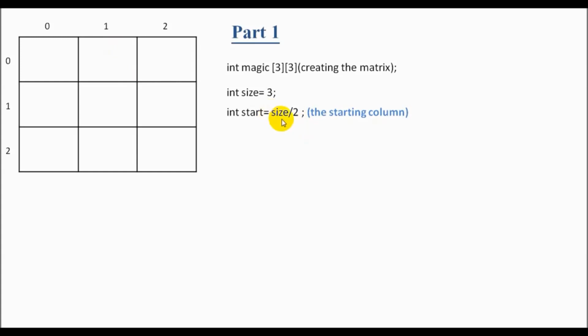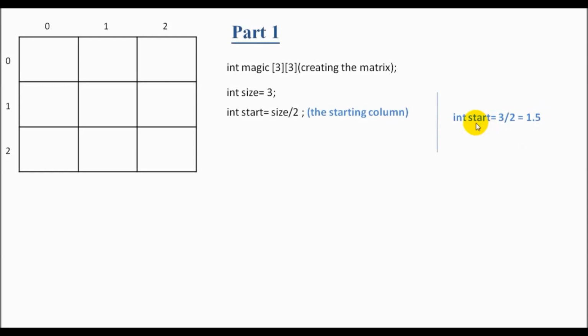So it says size by 2. For this matrix, our size is 3. So 3 by 2 is equal to 1.5. As our start variable is an integer type variable, it's just going to ignore the fraction part and take the integer part.